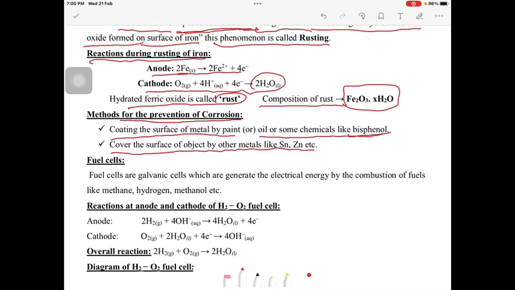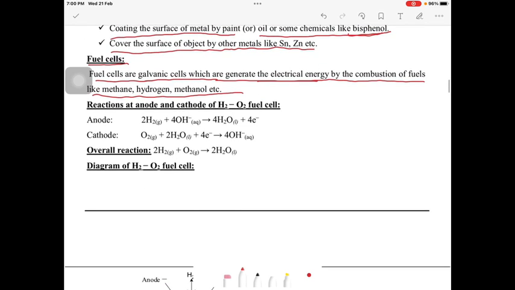Next concept in electrochemistry: fuel cell. What are fuel cells? Fuel cells are galvanic cells which generate electrical energy by combustion of fuels like methane, hydrogen, methanol, etc. Reactions at the anode and cathode of the H2-O2 fuel cell.